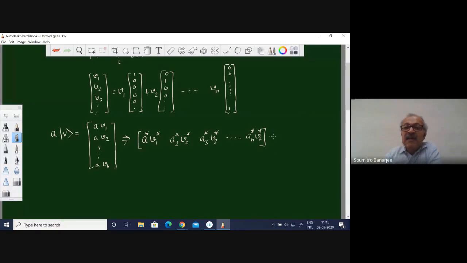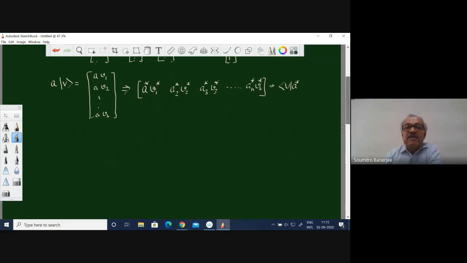This is essentially writing the bra of A times V as the bra of V with A star. So a ket with a constant multiplied to it can be converted to an equivalent bra with a constant multiplied to it, but in order to convert that, the A also has to be conjugated.